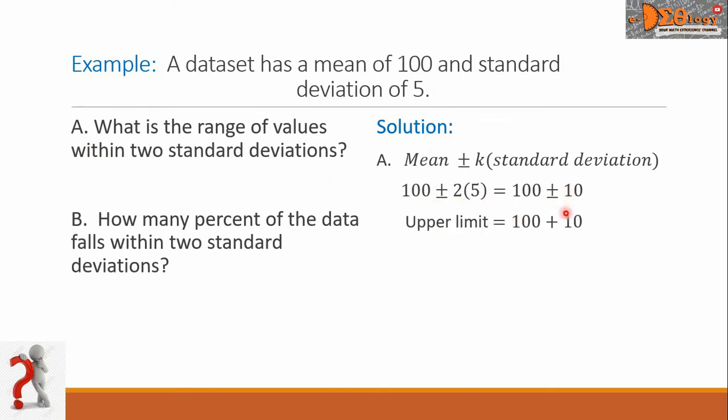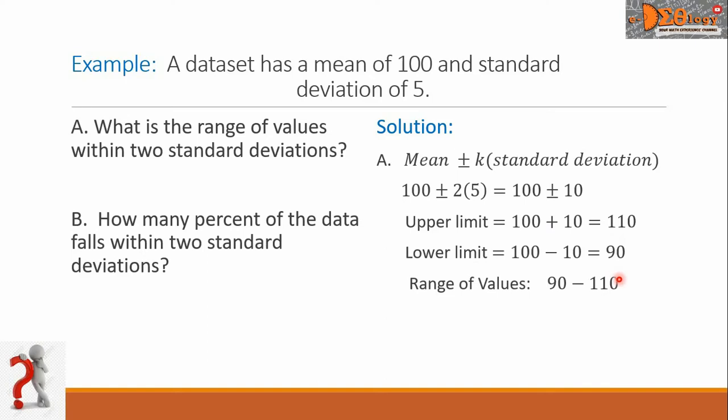Using the plus, we will get the upper limit. So that is 100 plus 10 equals 110. For the minus, we will get now the lower limit. 100 minus 10 equals 90. So the range of values is 90 up to 110. This is the answer for letter A.